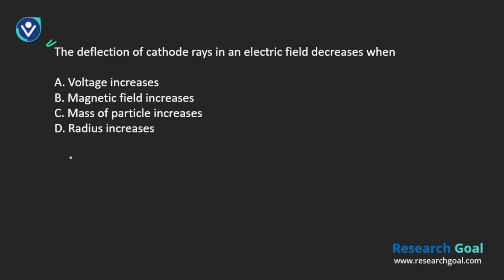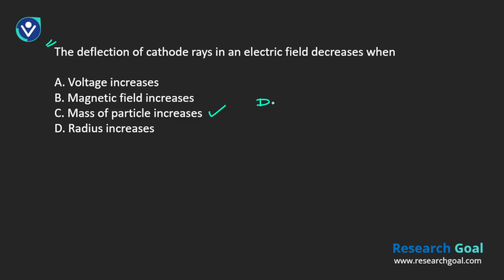The answer for this question is option number C, which is mass of the particle increases. Now, for that, I'm going to give you a very short and targeted point for remembering this.